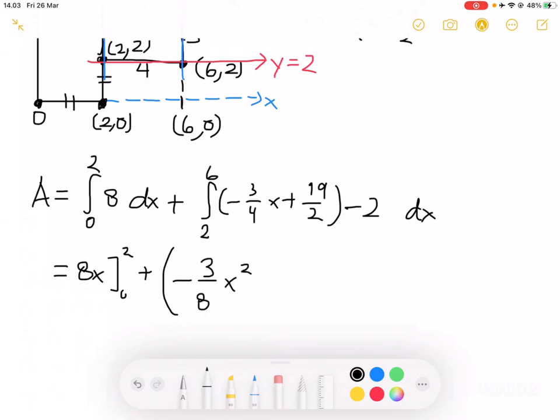Notice if you differentiate this, you'll get this term back, plus 19 over 2 will become 19 over 2 x minus 2x. Well, perhaps you can just combine 19 over 2 with negative 2 before you integrate them. That's also a viable option. So we're integrating this from 2 to 6.